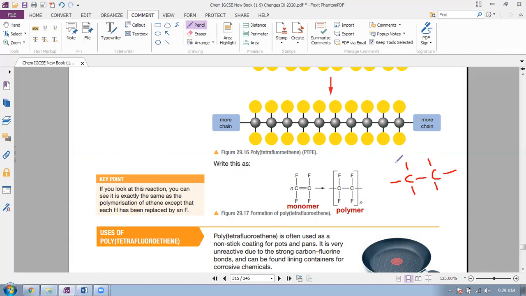Just like ethene, just instead of hydrogens, put fluorine atoms. This is polytetrafluoroethene.